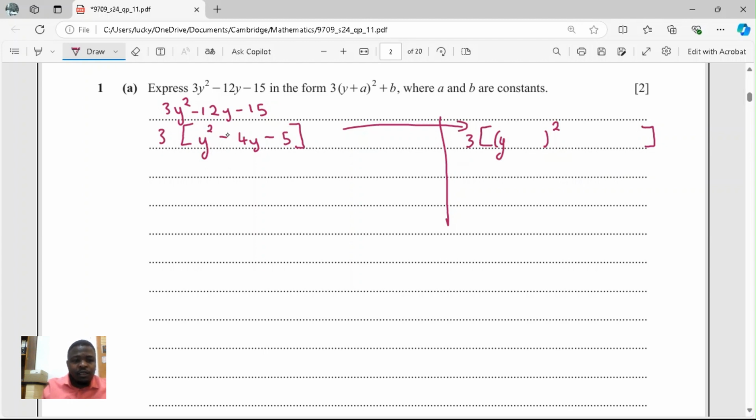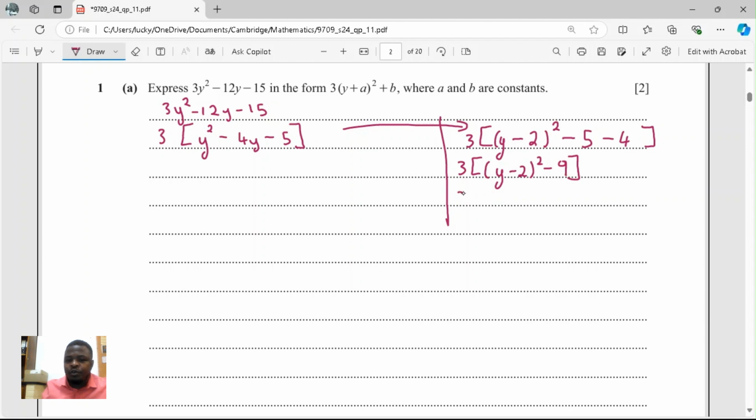I half this negative 4, it will be minus 2. Then I write down my minus 5. I square this 2, I get a 4, then I subtract whatever answer I get from squaring. Right. So now I will have 3 open bracket, another bracket y minus 2 squared minus 9.